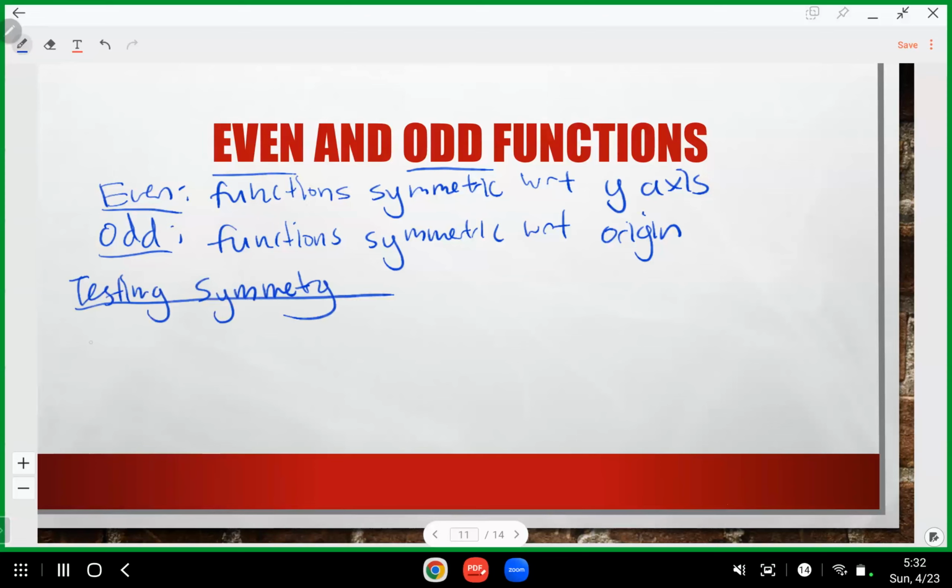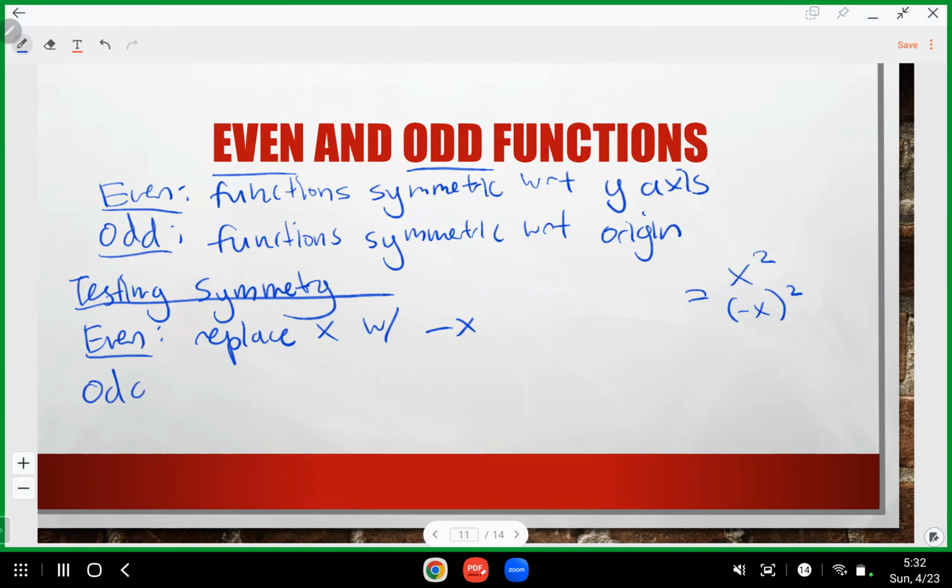When you're testing to see if it's an even function, replace the x with the negative x and see if the function is still the same. So if you have a parabola and you replace x with a negative x, they're equal. It's still going to be the same. That's why a parabola is an even function.